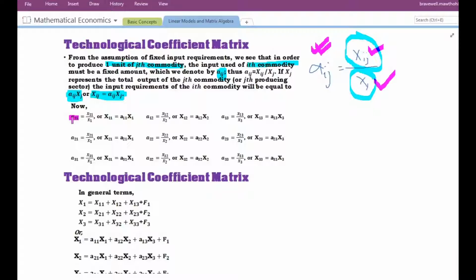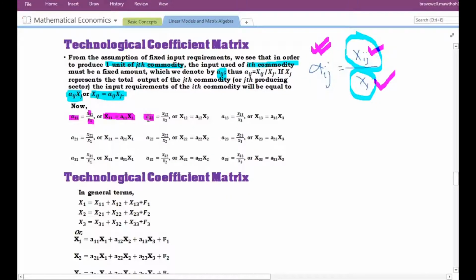Now it is obtained by dividing the units of goods of the first industry used as inputs in the first industry, that is X11, by the output level of the first industry, that is X1, or X11 is equal to A11 times X1.